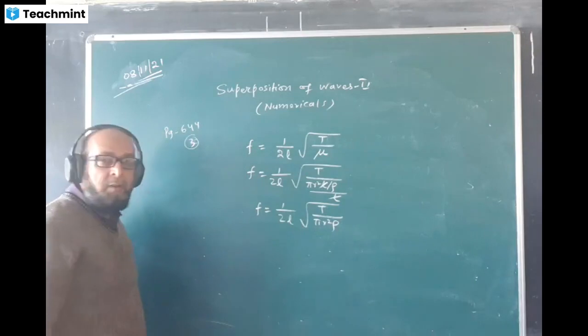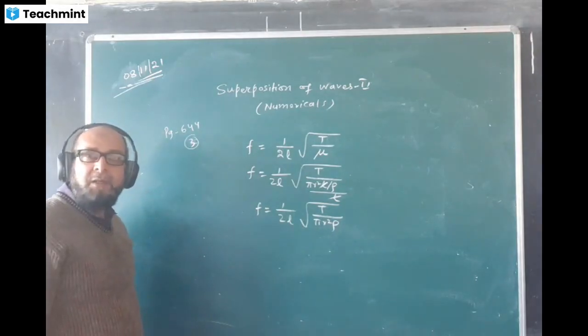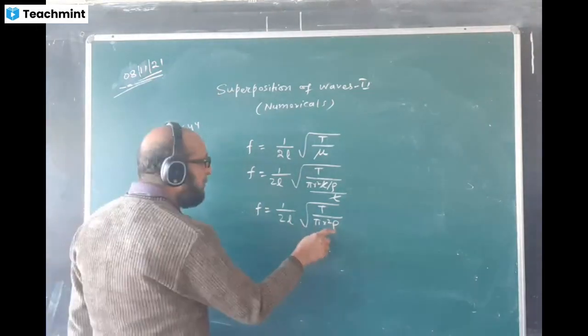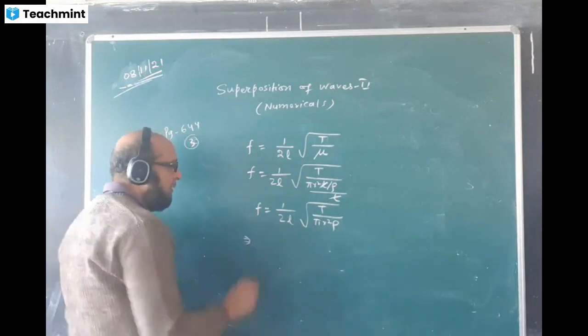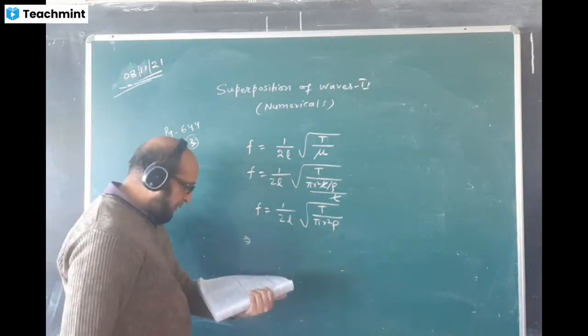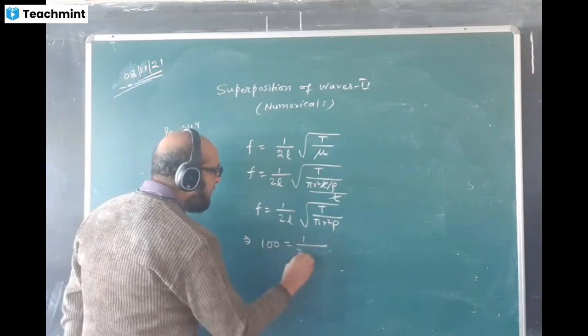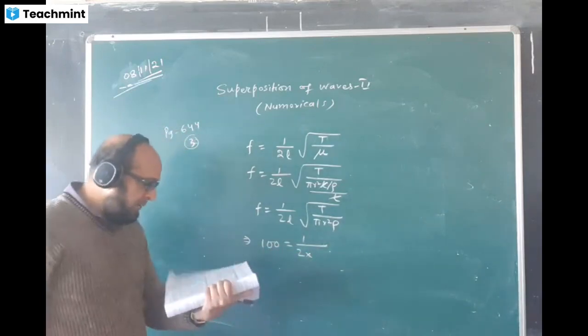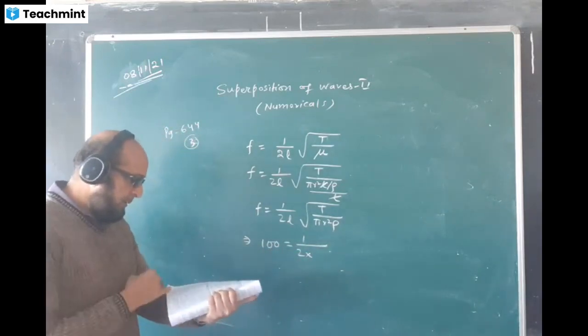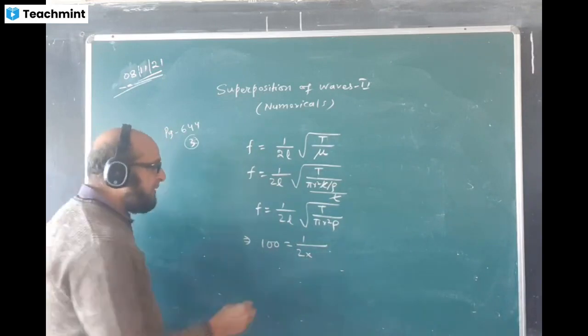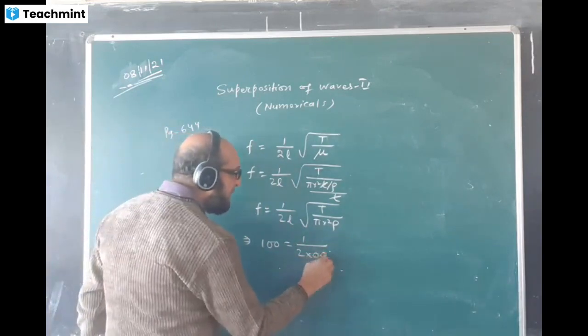This is the value. And here one thing is unknown, density. Density is unknown, you have to find that. Put the values. Frequency given in the question is 100 Hz. 1 by twice the length. What is the length of the string given? 36 centimeter. We are changing to meter, right? 0.36.